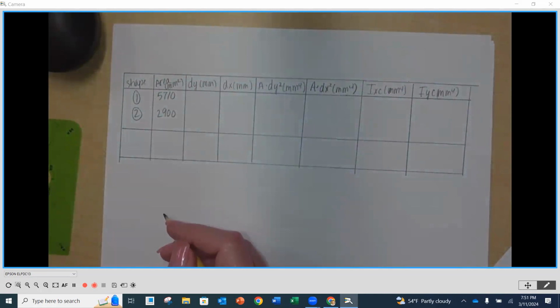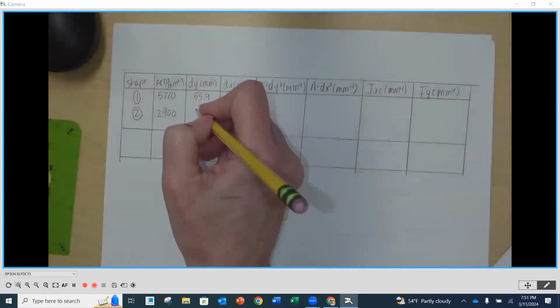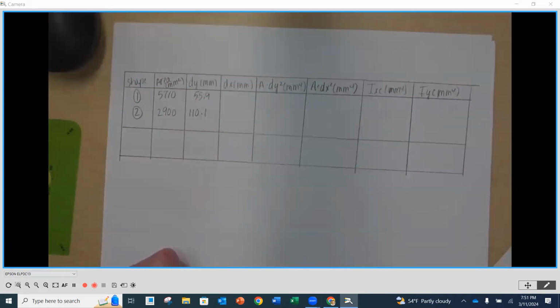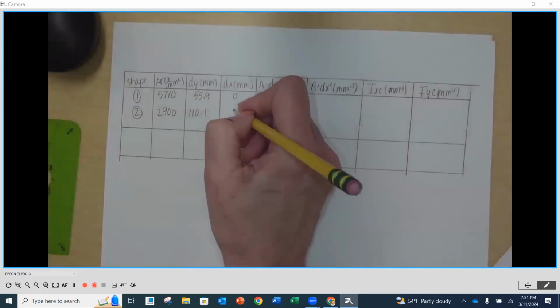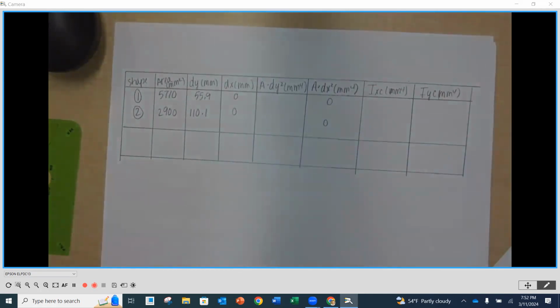My dy for my number 1, 55.9, and my dy for number 2, 110.1. My dx's were zeros for both, which means that my A times my dx's are going to be 0. I'm going to leave this here. I'll let you guys calculate that in just a second.